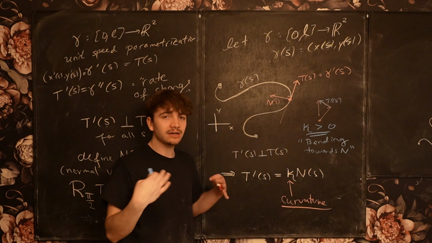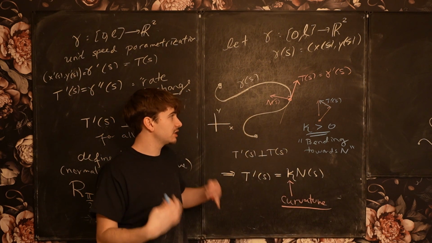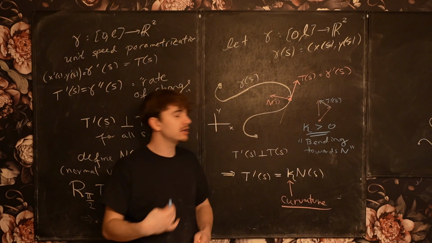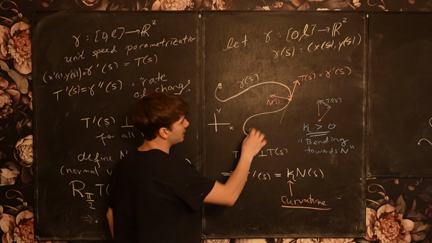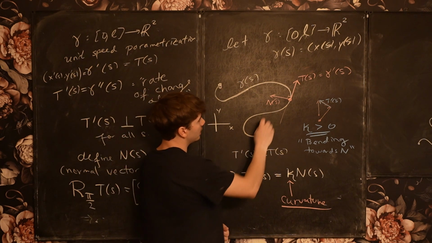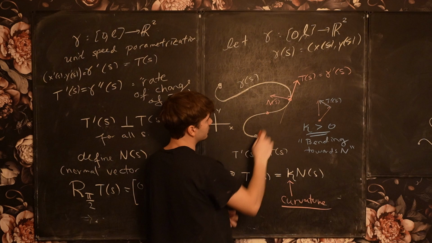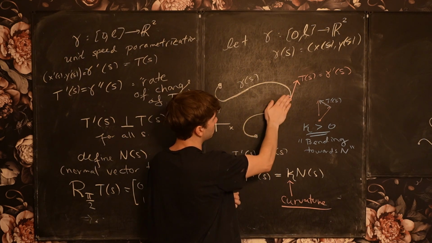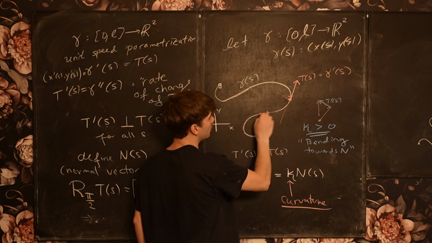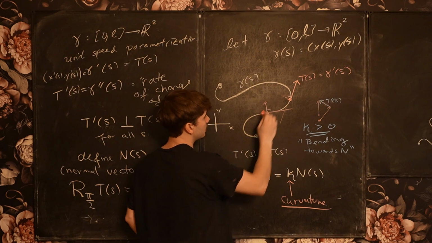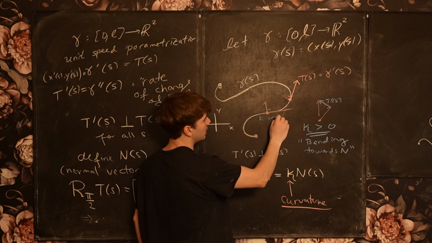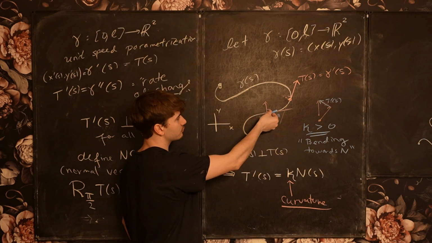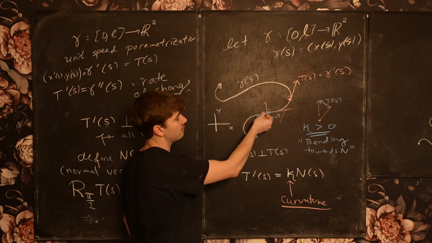And then the magnitude of kappa, similarly to before, just tells us how much it's bending towards the normal vector. So over here where the curve is kind of flatter, we have a tangent line, we have a normal vector. Here kappa is going to be smaller, right? Kappa is small, because the curve isn't really bending very much towards the normal vector, it's almost locally flat in this region.